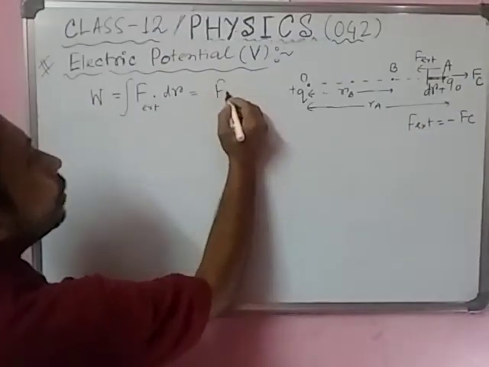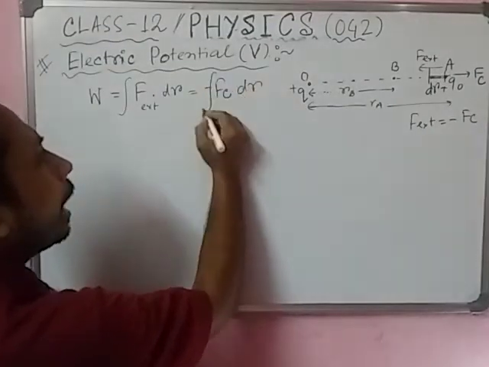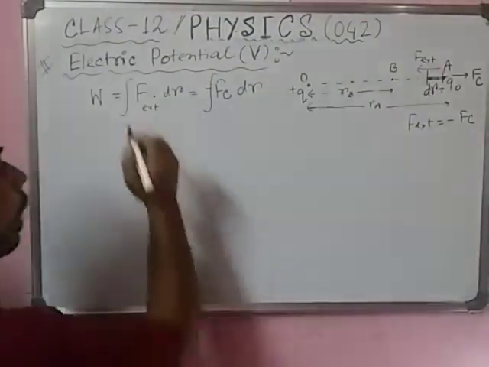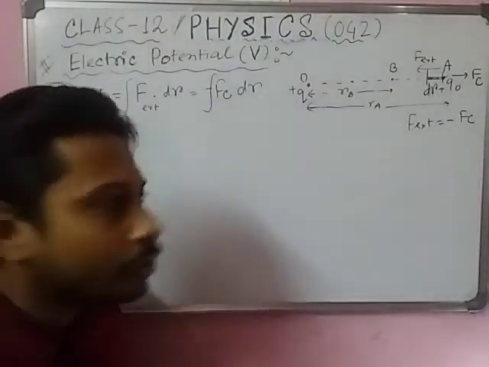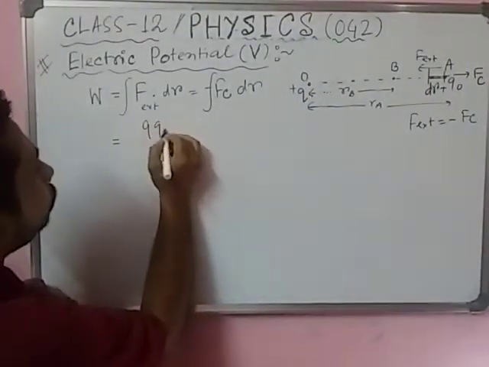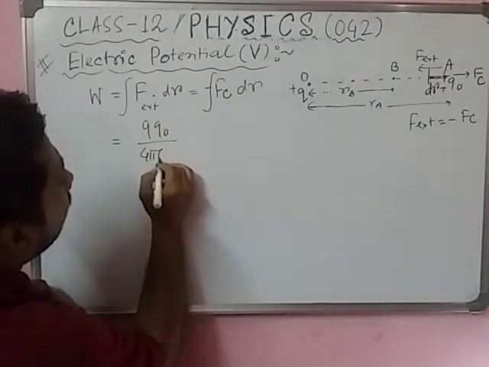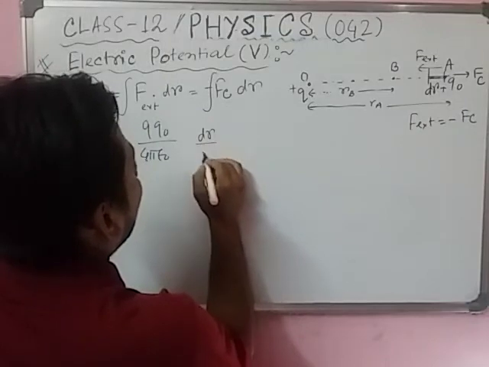So you can write the Coulomb force, because this is the known force to you. You know how to write the Coulomb force, so I replace the external force by the Coulomb force. There are two charges, Q and Q naught, so just put Q and Q naught by 4 pi epsilon naught, and the distance, dr by r square.